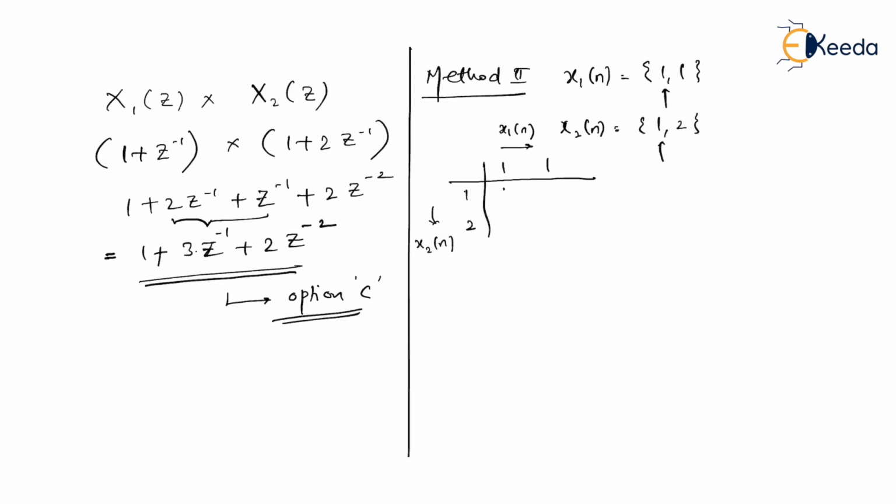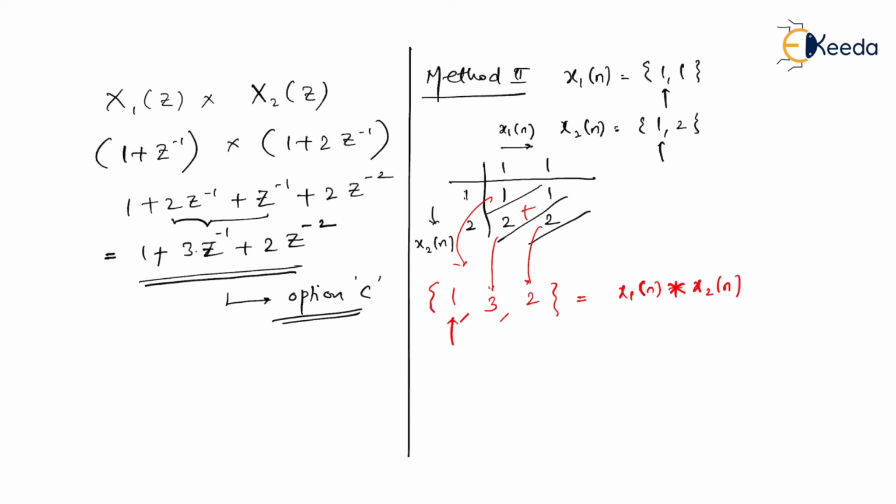Let us have multiplication. 1 into 1 is 1, 1 into 1 is 1, 2 into 1 is 2, 2 into 1 is 2, and then we make those partitions. So the first element after convolution is 1, next is 2 plus 1, which is 3, and last is 2. So 1 comma 3 comma 2 is the output of the convolution, with the arrow mark at 1. So this is the convolution of x1(n) with x2(n).